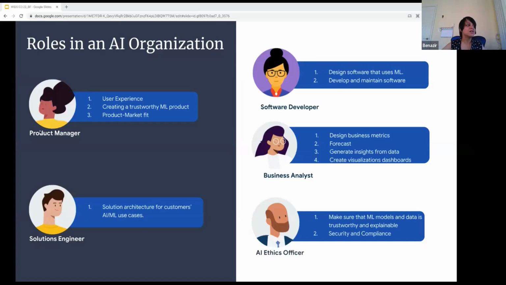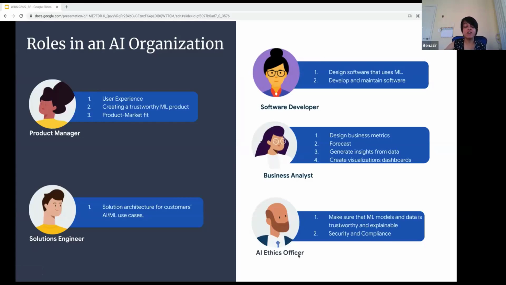Product manager, solutions engineer, these are roles where, if you have great knowledge in a particular domain, say insurance or manufacturing, and now you want to get into ML, you can combine these two. I've seen the solutions engineer role in many companies, through which you can combine ML and domain experience and become a solutions engineer for a particular industry.